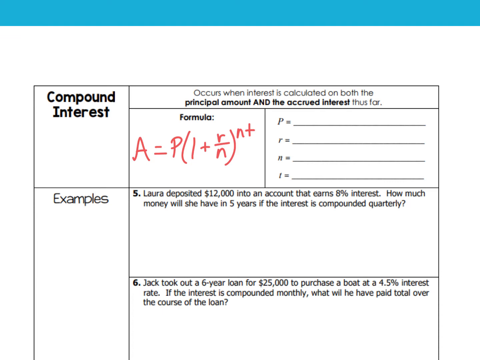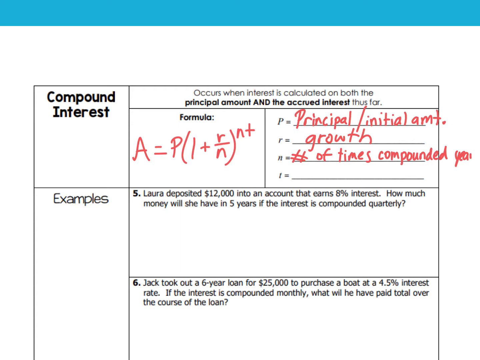So P is going to represent what we call principal, which is the same thing as your initial amount. So instead of lowercase a, it's capital P, means the same thing. r is still going to be growth, and it still needs to be in a decimal. Don't plug it in as a percent or you're going to get it wrong. Lowercase n, this is a new one. This means the number of times your principal is compounded every year.